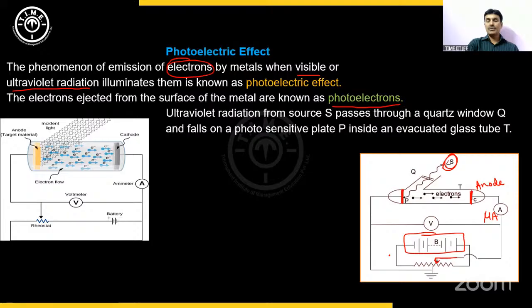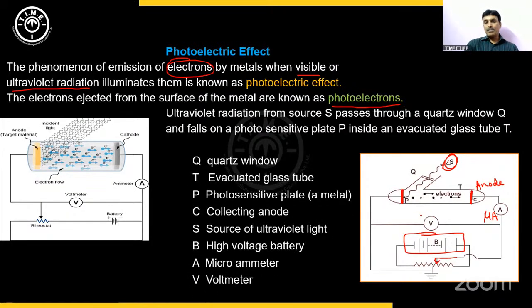So these are the different parts. The metal plate which emits the photoelectrons and the plate anode which collects the electrons are enclosed in an evacuated glass tube.